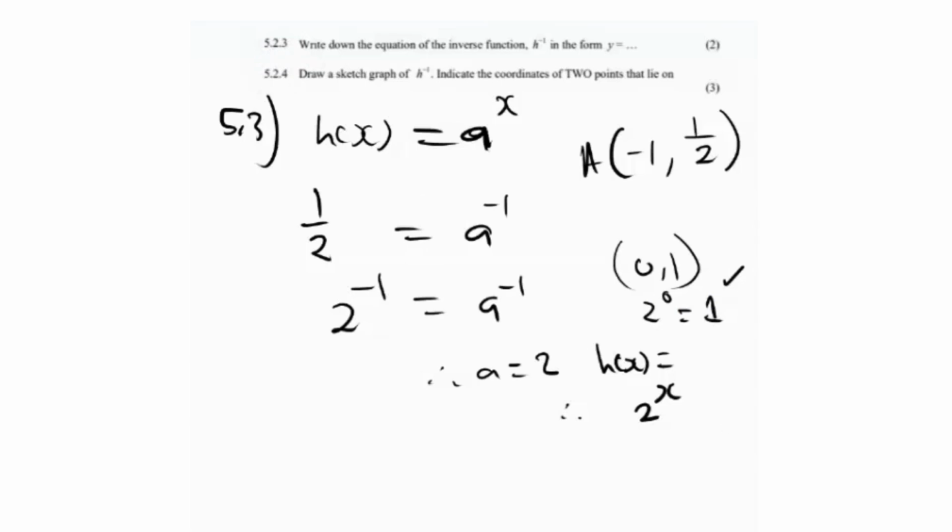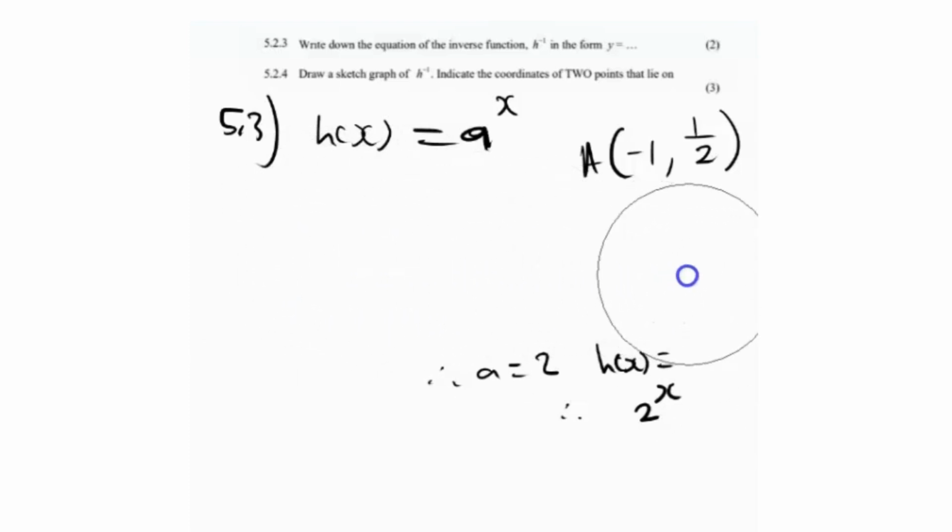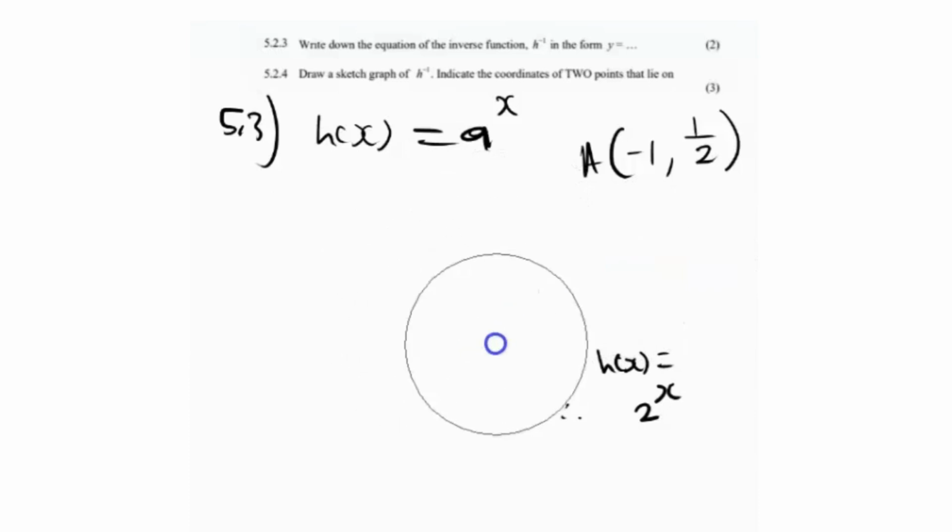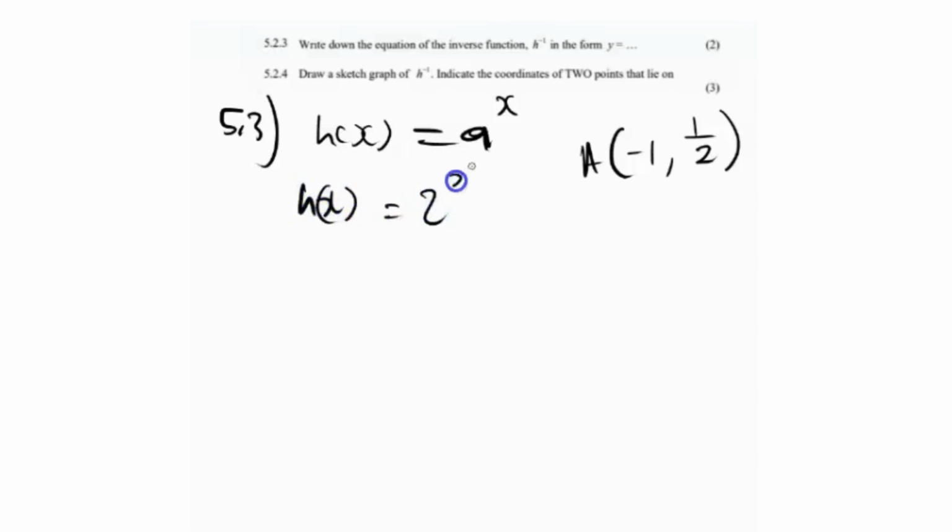So now remember, our question says, let me try to erase this because we already did, we found the new equation, which we know is h of x equals 2 to the power x. So writing this format, this reversal function or inverse function, this is how we're gonna do it.